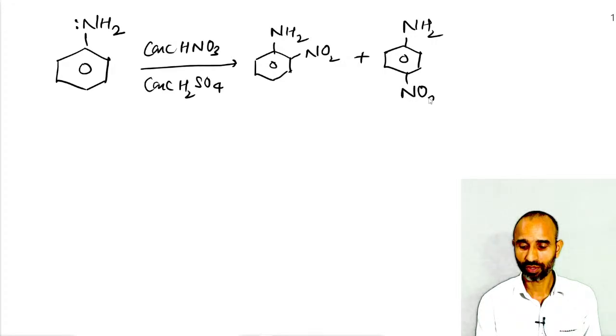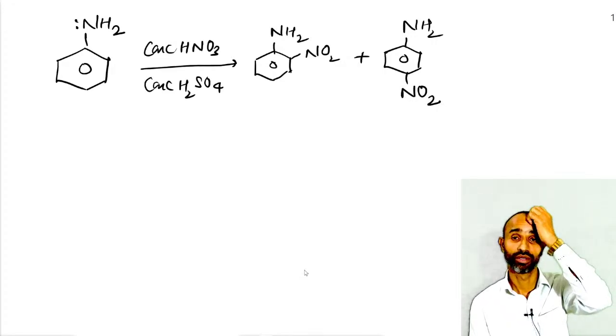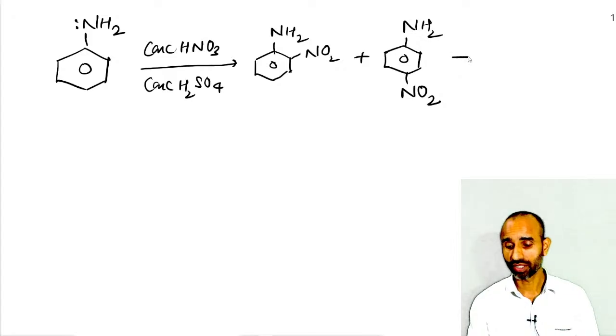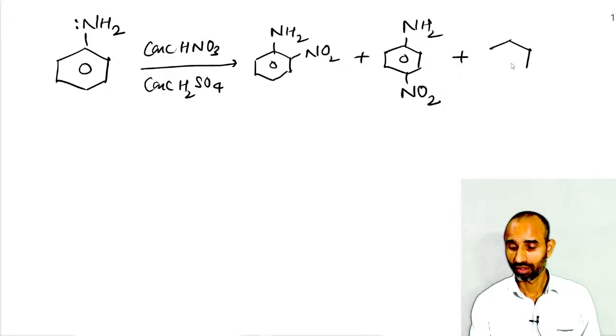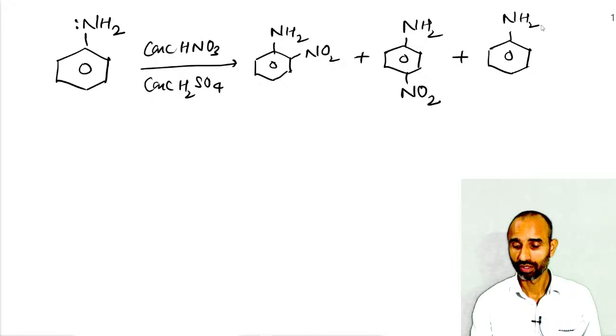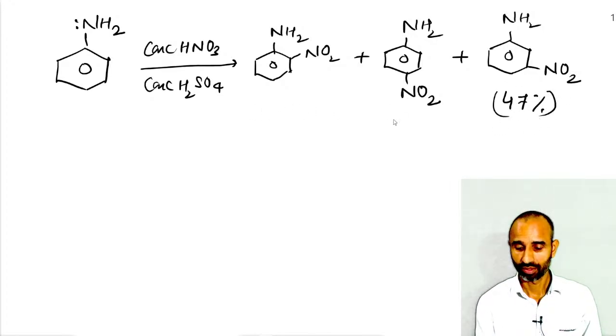These are the expected products, but surprisingly meta product is also formed, and that is not in lesser quantity, it is around 47%. Para product is 51% and ortho is only 2%.